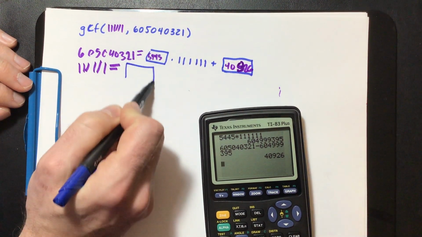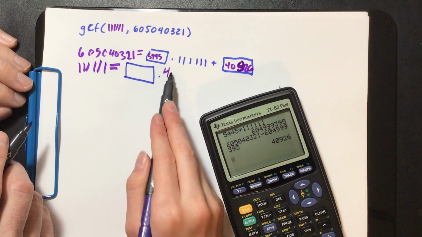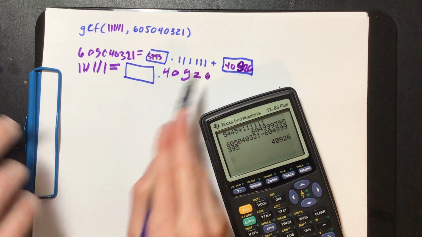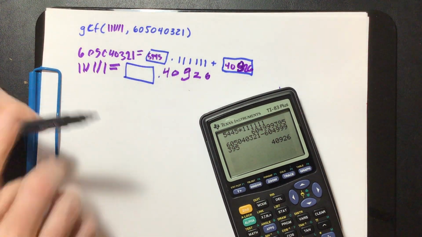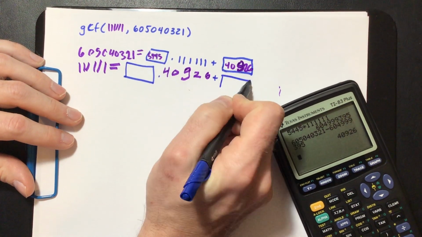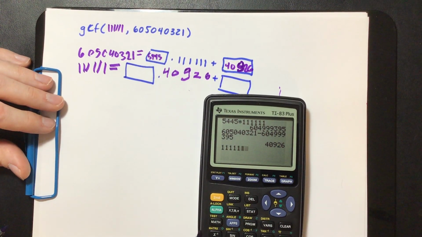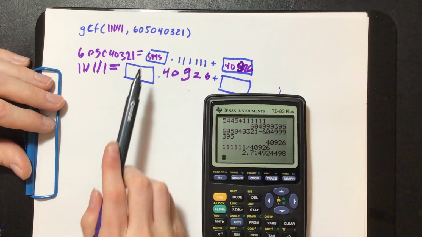Okay, and what do we divide it by? Okay, and then we get some remainder there. Okay, so 2.